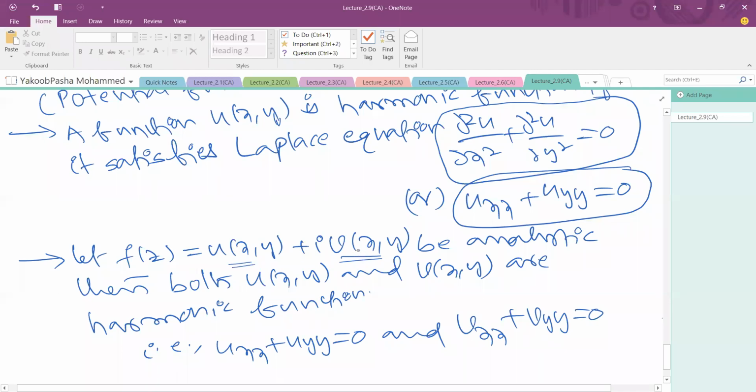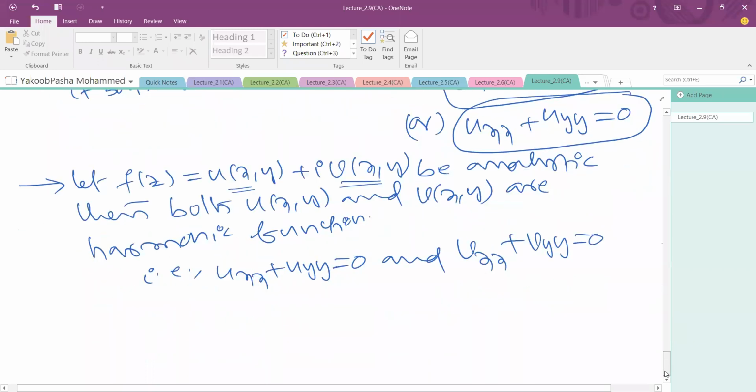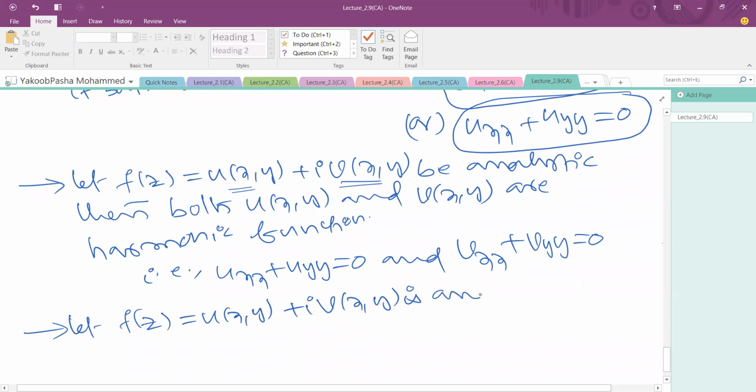V, the imaginary part, is called the harmonic conjugate of u. Okay, now I am writing here, we can take f of z is equal to u plus i v is analytic.